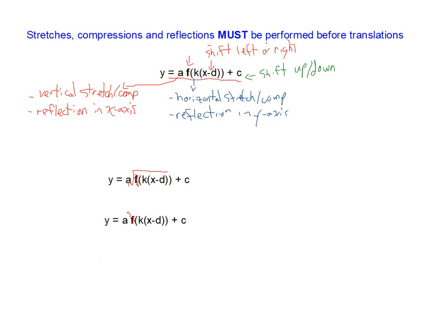So I might say, hey, I want this to be a sine function, or an absolute value function. It doesn't matter what that function is. We take the base function, what it looks like, and we apply these transformations as we would any other time. So that's a very quick review of function transformations, and just reminding you of how to sketch a function from the base function using those function transformations.